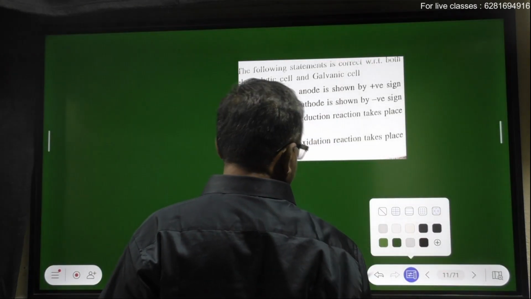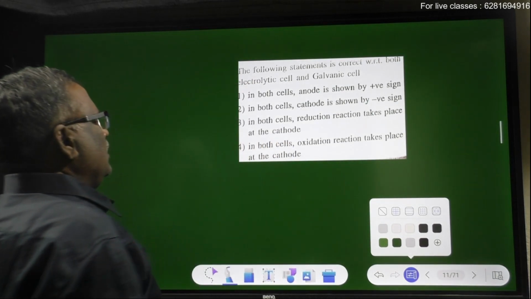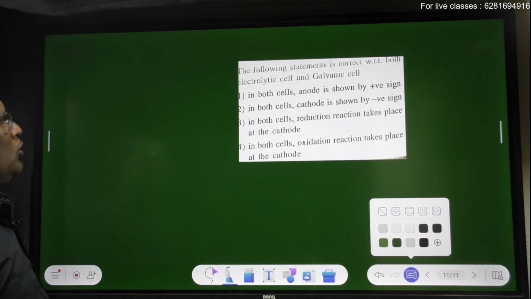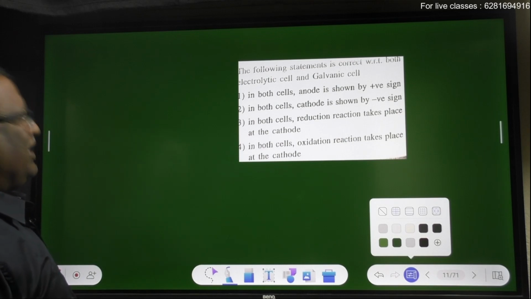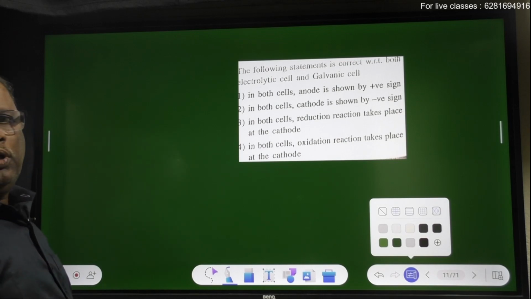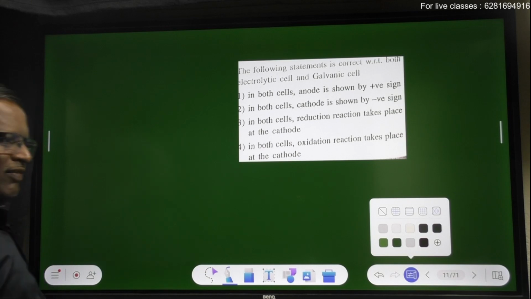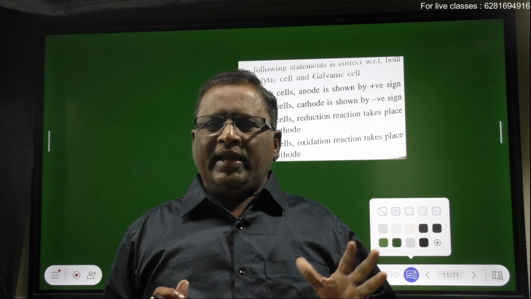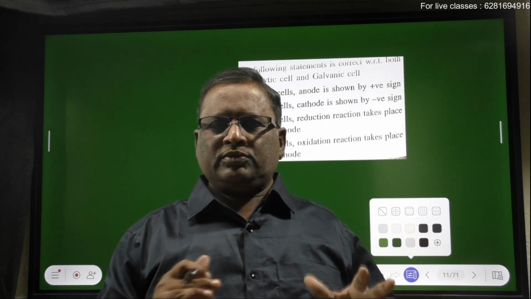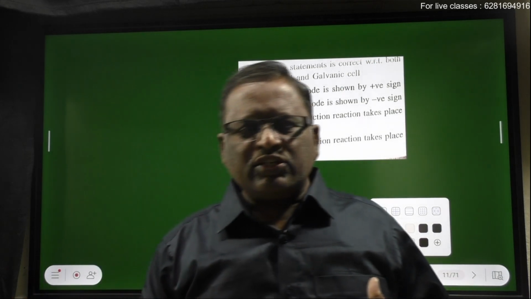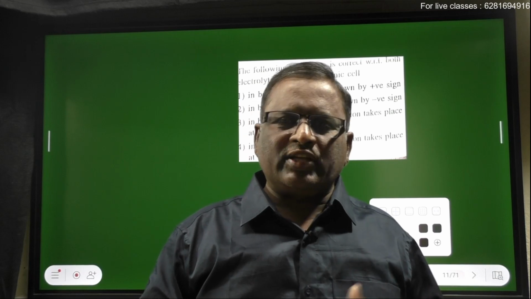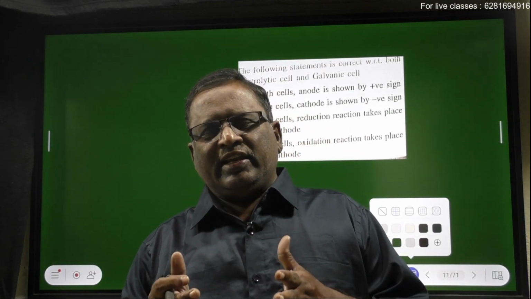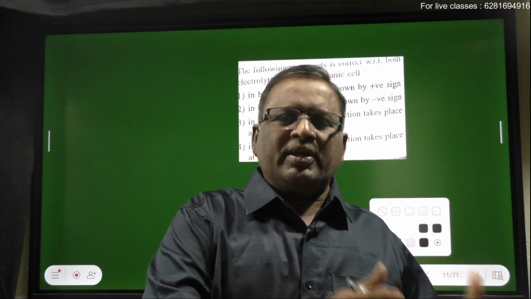The following statement is correct with respect to both electrolytic cell and galvanic cell. In an electrolytic cell, electricity is supplied and chemical reactions take place due to the conductance of electricity. That means electrical energy is converted into chemical energy.